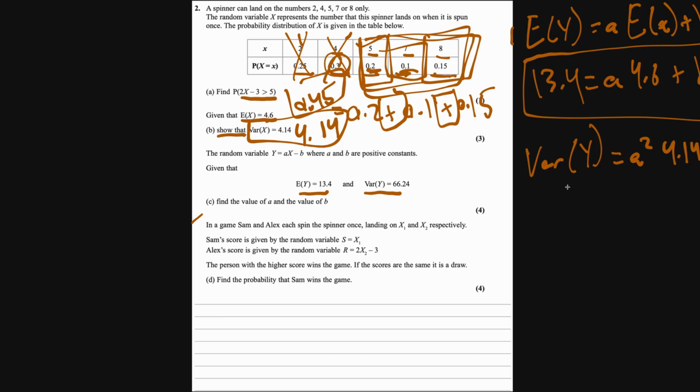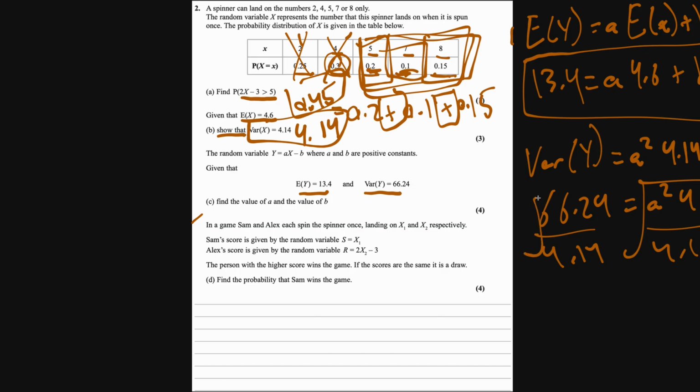And we know that the variance of y is 66.24. And that is equal to a squared multiplied by 4.14. And if we divide both sides by 4.14, and then we take the square root of both sides, just normal algebraic manipulation, we would find out that a is equal to 4.